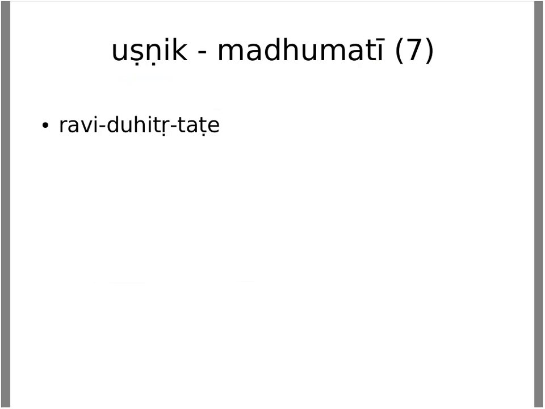Now here you have ra, vi, du, he, tri, ta, de. Bear with me for just one moment. I have to grab the book here, and I can read the rest of it.